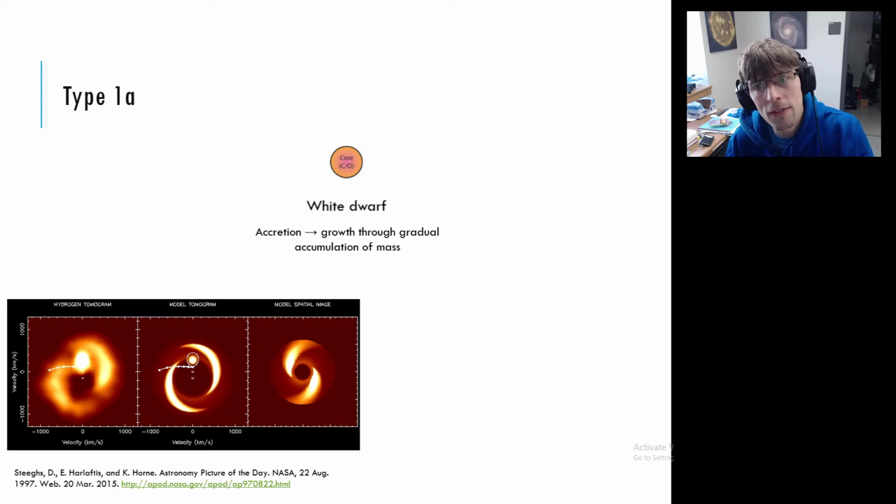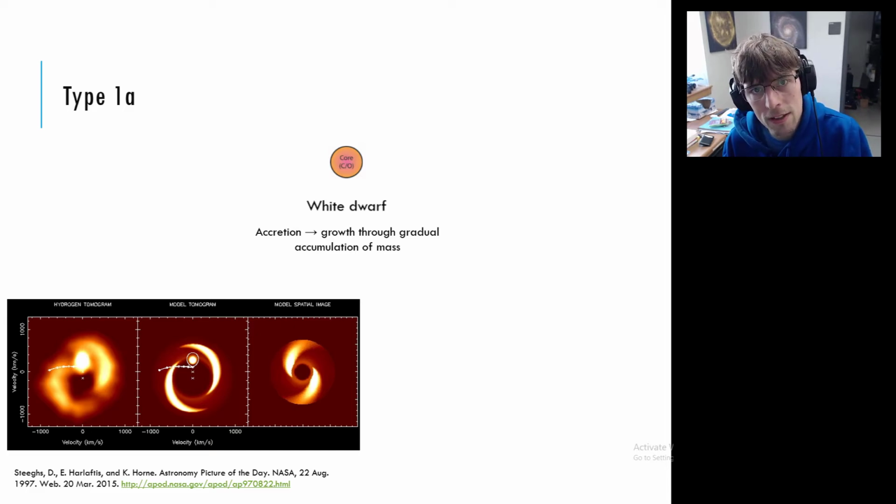Now remember, we have a white dwarf because it wasn't massive enough to start the carbon-carbon fusion process. But in this very rare instance, it's slowly growing in material, slowly snitching more and more mass.